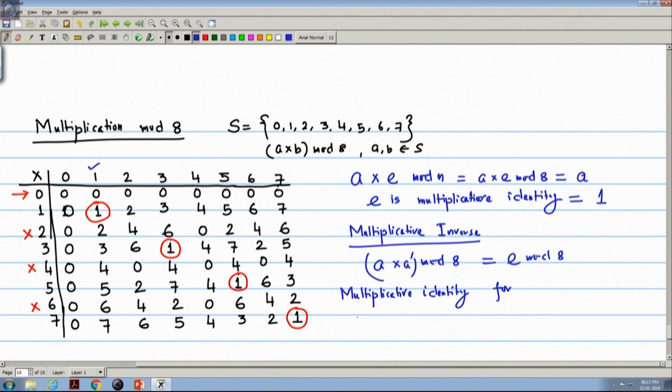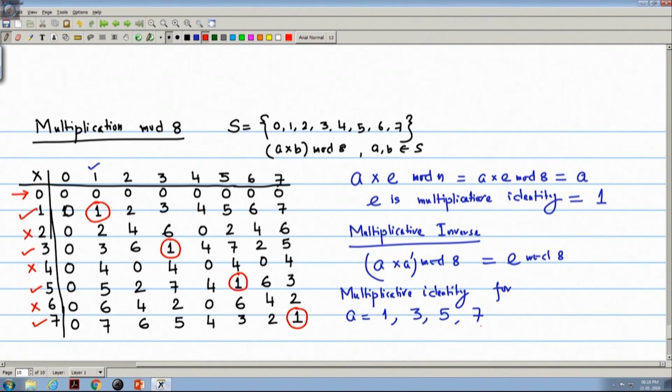for A equal to 1, 3, 5 and 7. That means we are getting multiplicative identity. I give a tick mark if I get identity and I give a cross if I do not get.